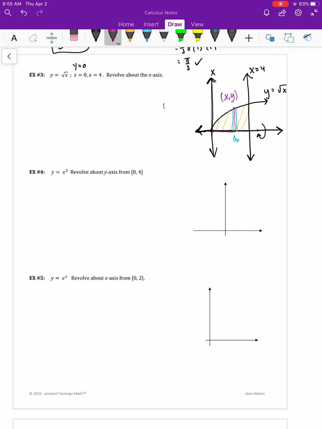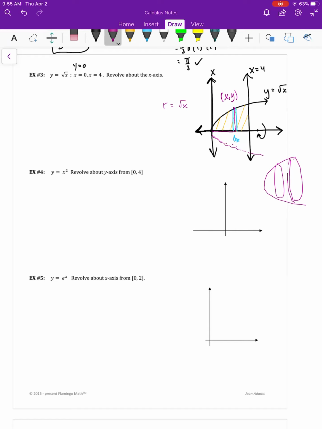So now our radius here is the square root of x, because remember that this is like the end of a bullet is what you'll end up seeing. So it'll end up being something like that where it's a rounded region, because we're spinning it.